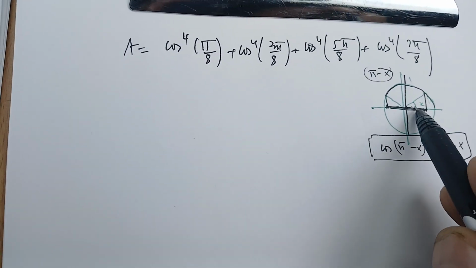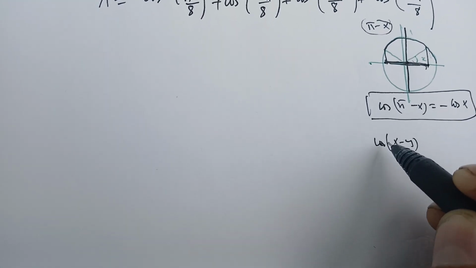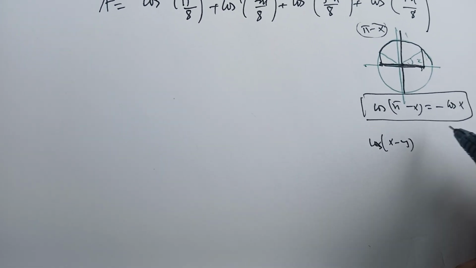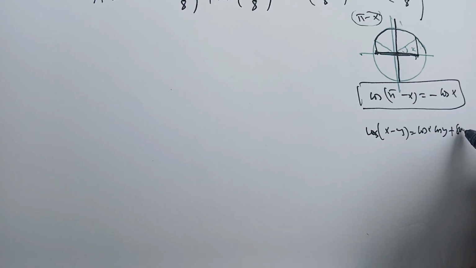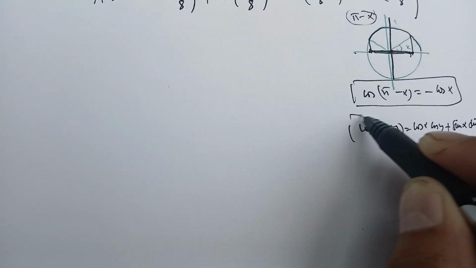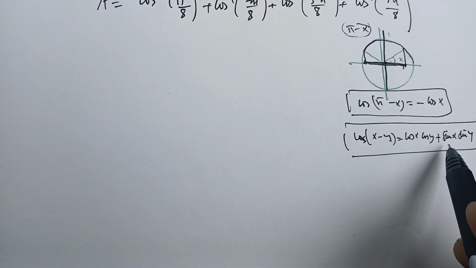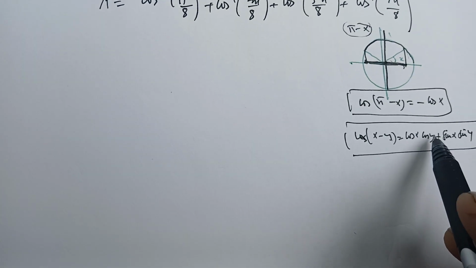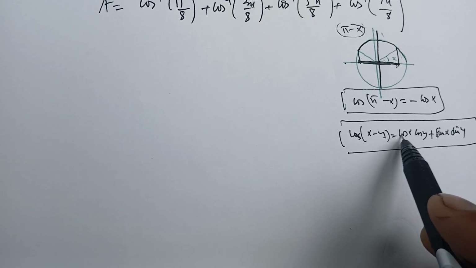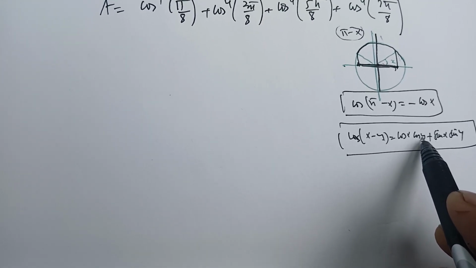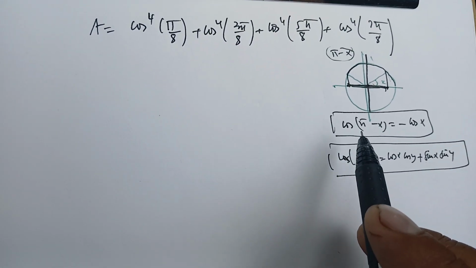You can do it the way that I did, or you can use the fact that cosine of x minus y, let's do it in general, is cosine x cosine y plus sine x sine y. In this case, x is pi and y is x, but the sine of pi is 0. That's why we get cosine of pi, which is minus 1, times cosine of x. Here x is playing the role of y. Okay, so this is useful.